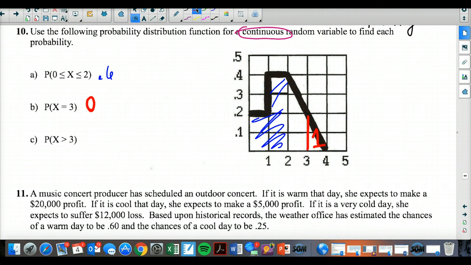That's this over here. So it's 1/10. You cannot have exactly 3, because 3 is exactly the line separating. Now, you can have less than 3, you can have greater than 3, but 3 itself is a line that separates the left from the right at the boundary line 3, and it has no mathematical value because it's a line.